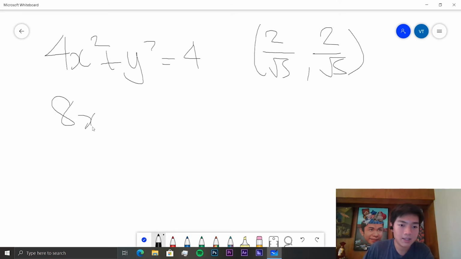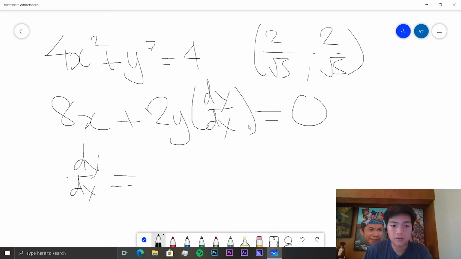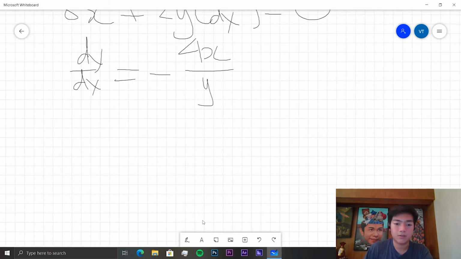So we get 8x plus 2y times dy over dx is equal to 0. So dy over dx is equal to negative 4x over y. Okay, so 2 over square root 5, 2 over square root 5.